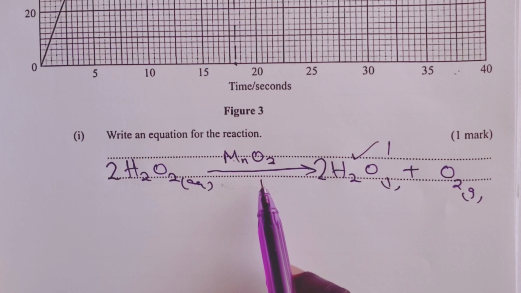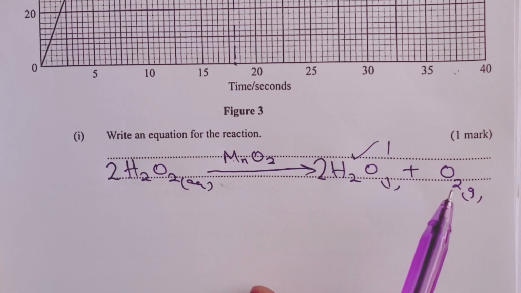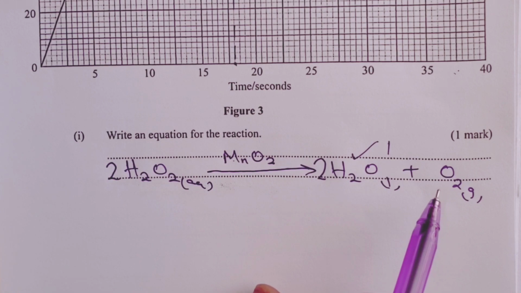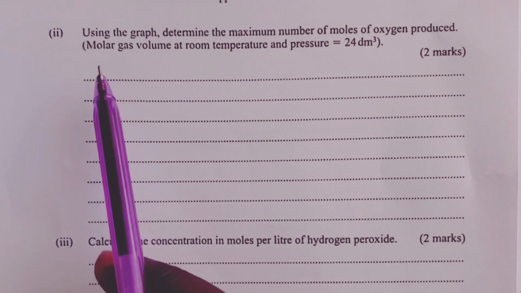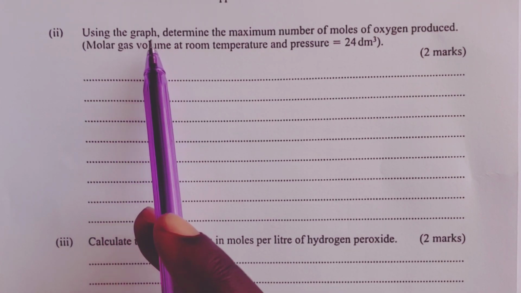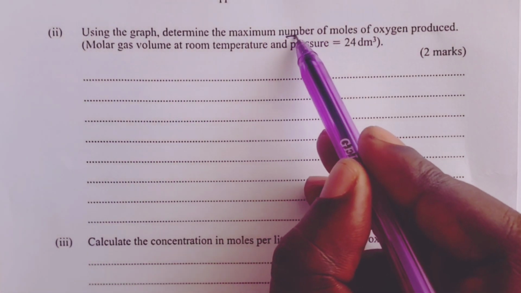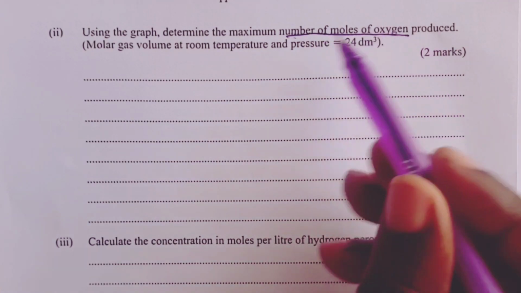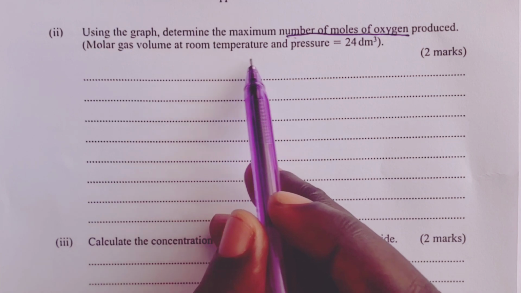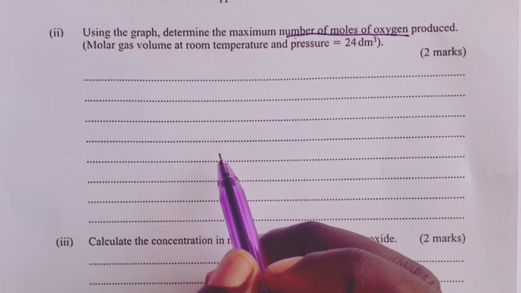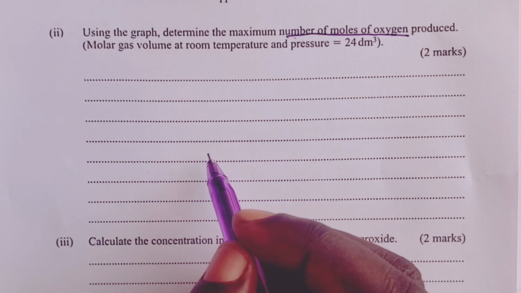Let's proceed to the rest of the questions concerning the graph. The next question is asking us to use the graph to determine the maximum number of moles of oxygen produced, and we are told the molar gas volume at RTP is 24 cubic centimeters.